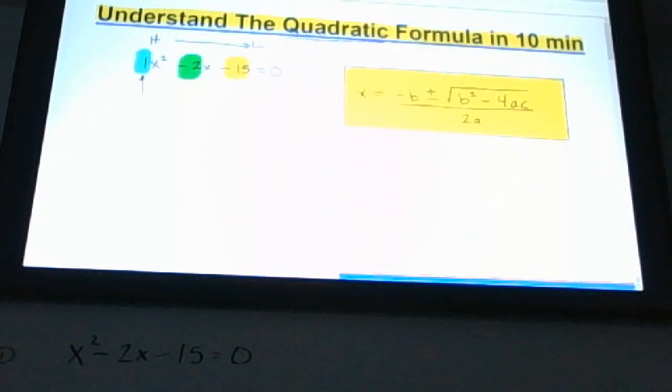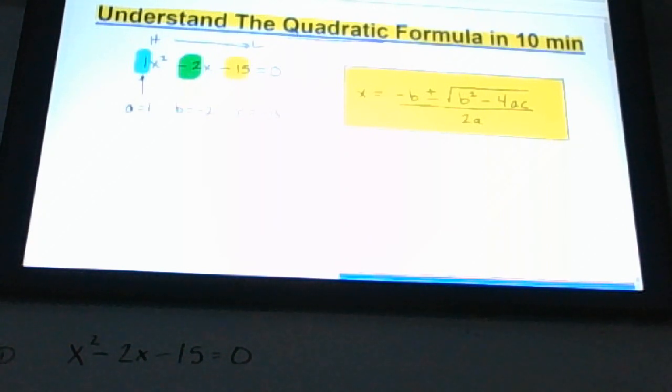The number in front of the x squared in the equation is a, so a is equal to 1. The number in front of the x term is b, so b is equal to negative 2, and the number itself is c, so c is equal to negative 15, and you make sure you get those signs in there as well, whether they're positive or negative.